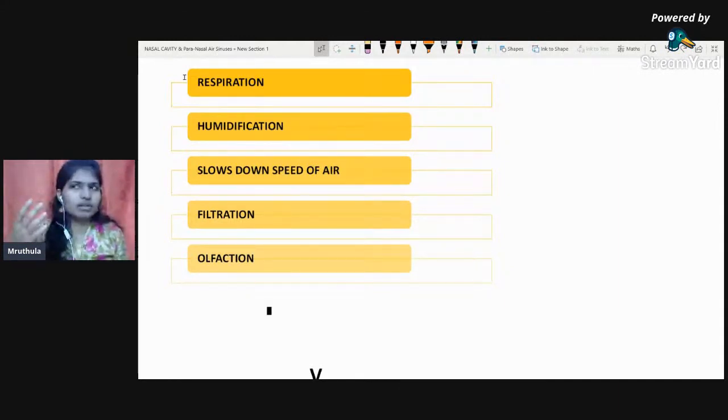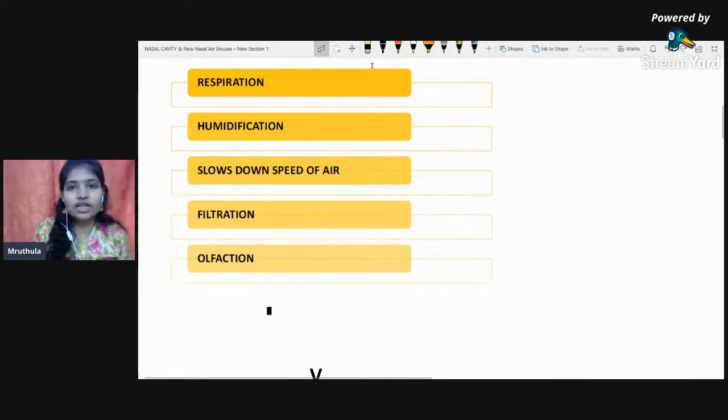Know one thing: the air present in the atmosphere is not exactly the same as the air that enters the lungs. Some change occurs to the air in the nasal cavity, and this change is listed as the functions.